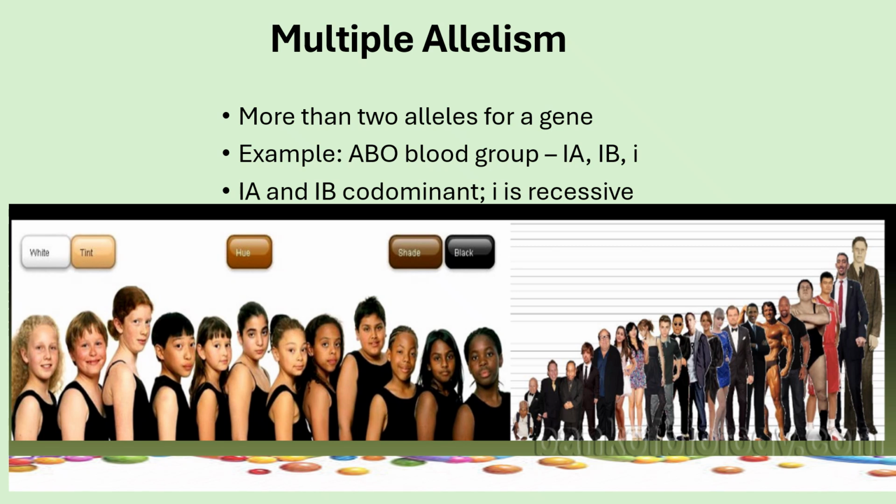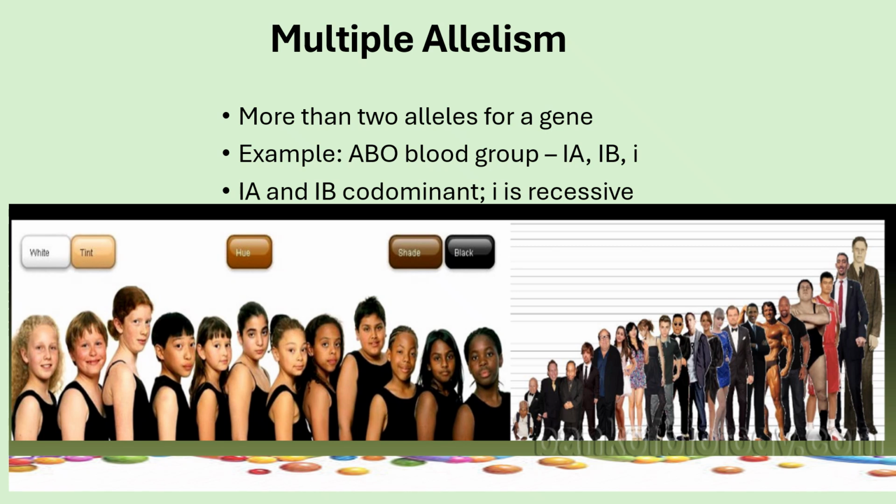Next, you have multiple allelism. Now, multiple allelism, as the name suggests, as you can see on the screen, the different skin colors of individuals existing on the globe. So, human skin color is also because of a number of alleles. When we have more than one allele for one particular gene, then we call it multiple allelism.